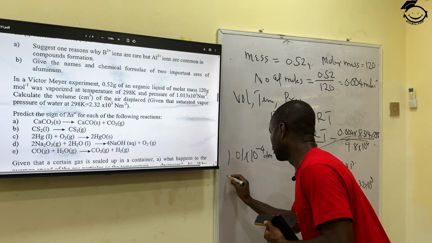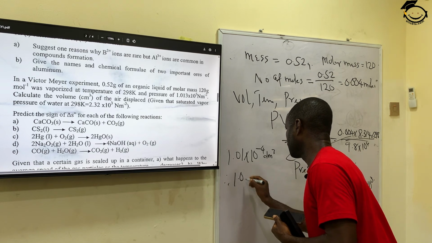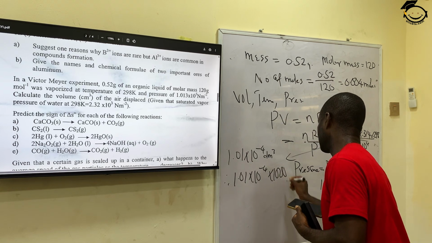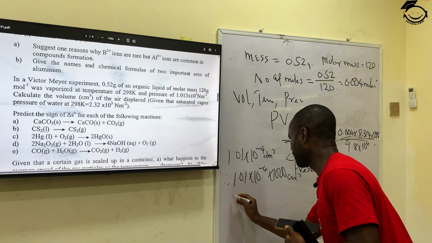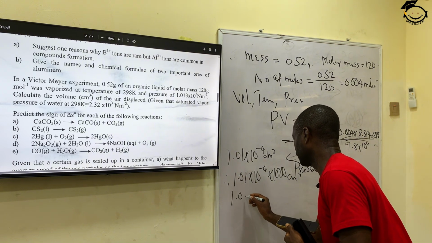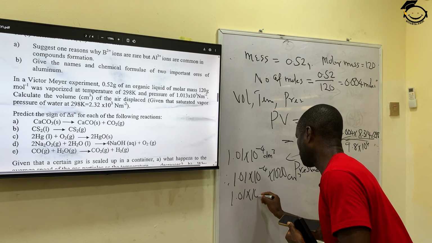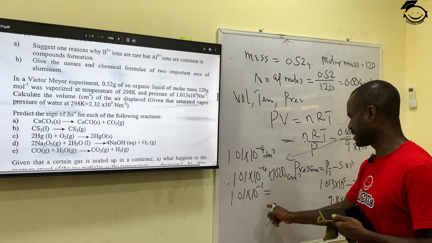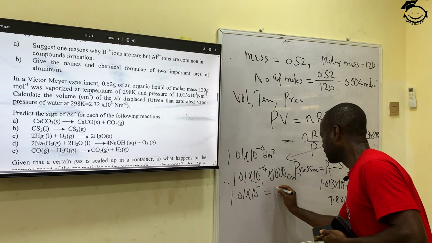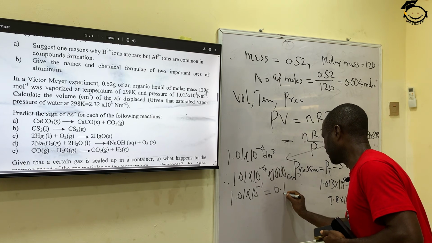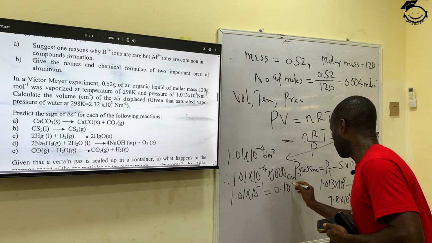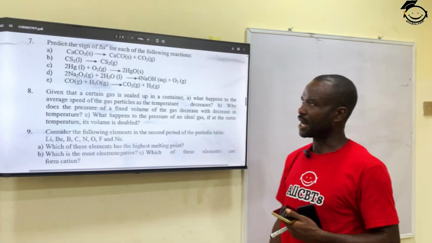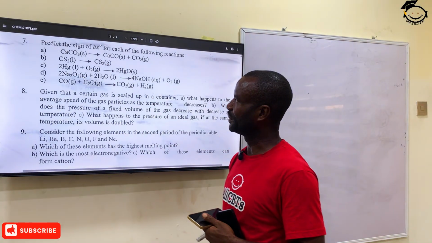Therefore, 1.01 times 10 raised to power minus 4 times 1000 cm cube, which becomes 1.01 times 10 raised to power minus 1. Converting this gives us 0.101 cm cube. Answer.